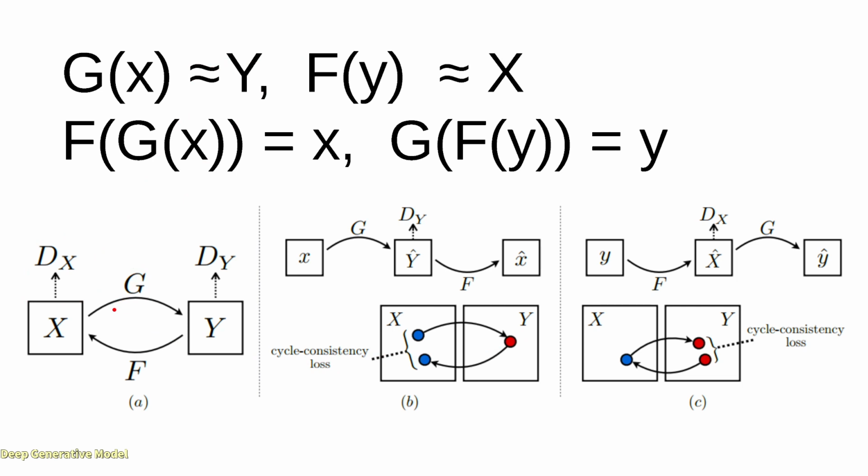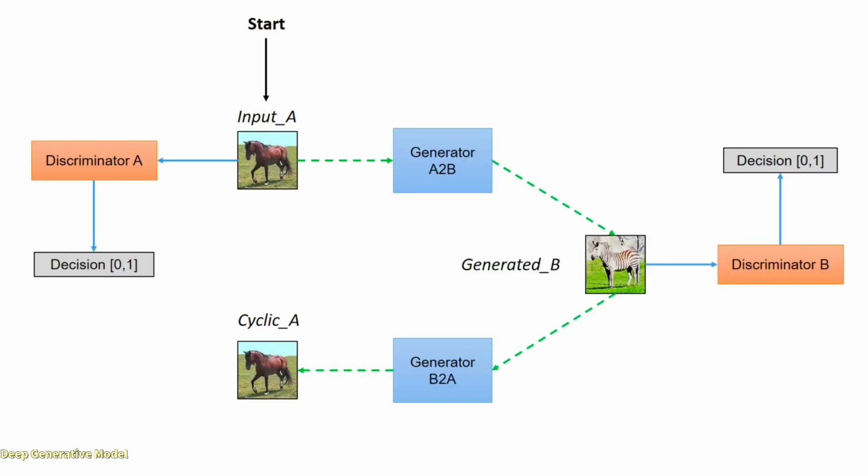So for the training, we start from the input image, and of course, we are feeding it into a discriminator so that it can tell the difference between the generative one and the real one. This one's the real one. And we go to a generator from A to B. And so here we get a zebra.